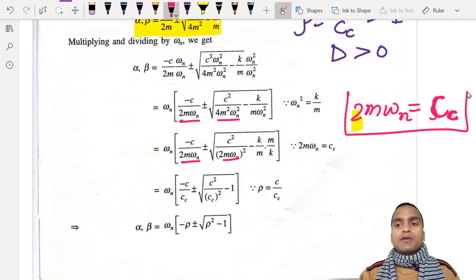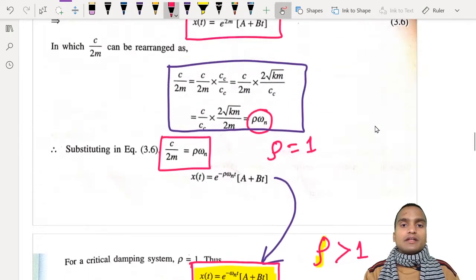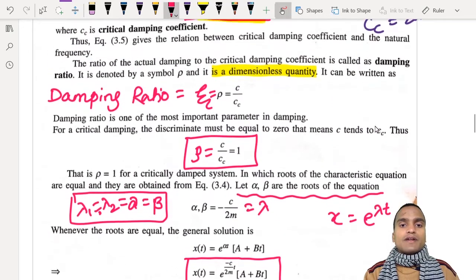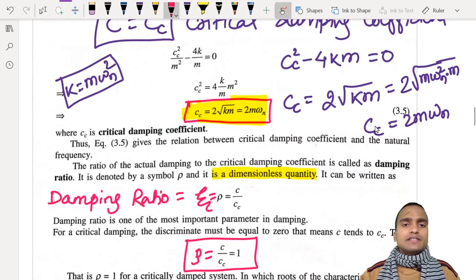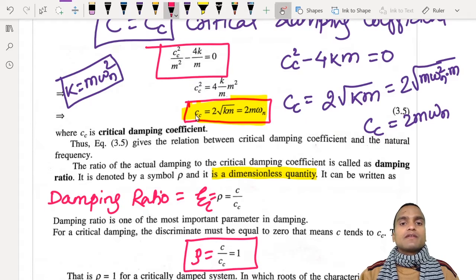How? Critical damping coefficient we have calculated, the Cc here, and it is the situation when rho value was equal to 1. Okay, and here D is equal to 0. When we put D equal to 0, we get the value of Cc, and Cc is critical damping coefficient, that is a constant.